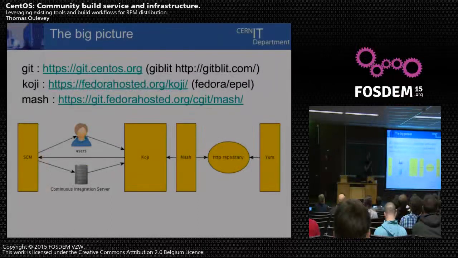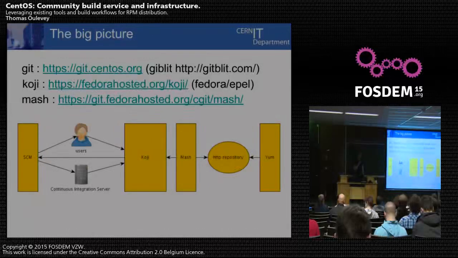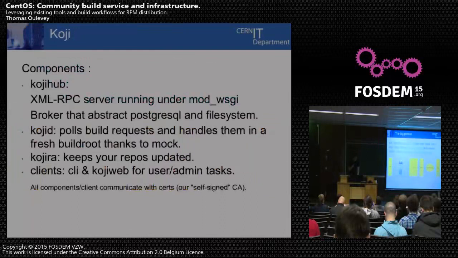We wanted to keep an experience close to what Fedora is using to build packages, so people don't have to relearn everything. This is a well-known tool from the Fedora community. And finally, Mash allows us to generate repositories directly from Koji, and looking at the tags. I'll come back to the detail later.